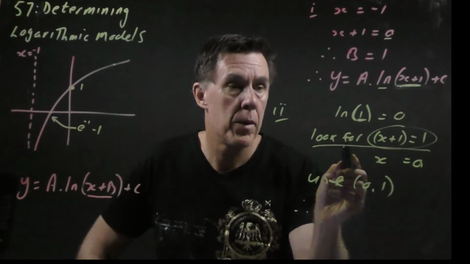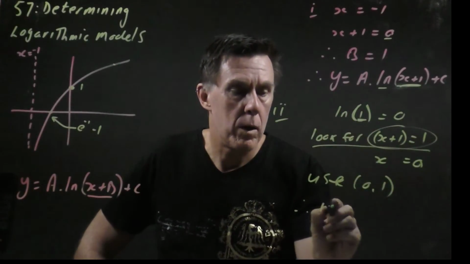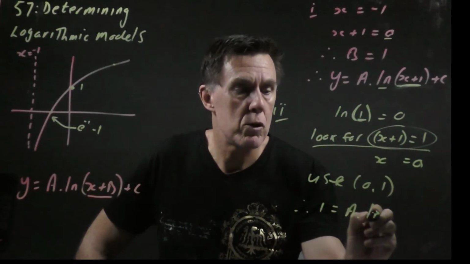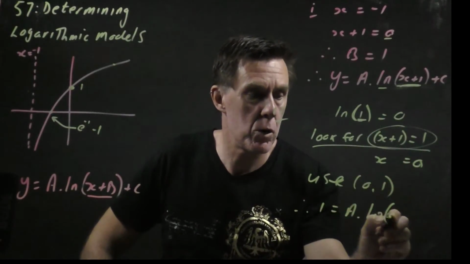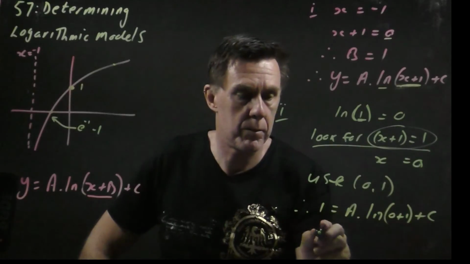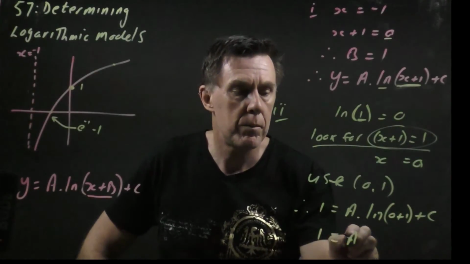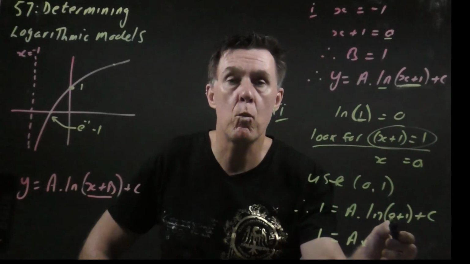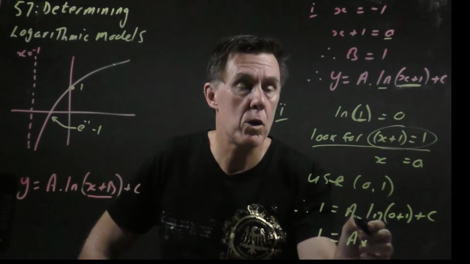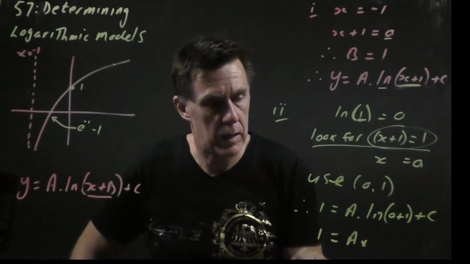So therefore, my y value is 1, is equal to a times the natural log of x plus 1, so x value is 0, plus c. 0 plus 1 is 1, natural log of 1 is 0, 0 times a is 0, I can get rid of that.